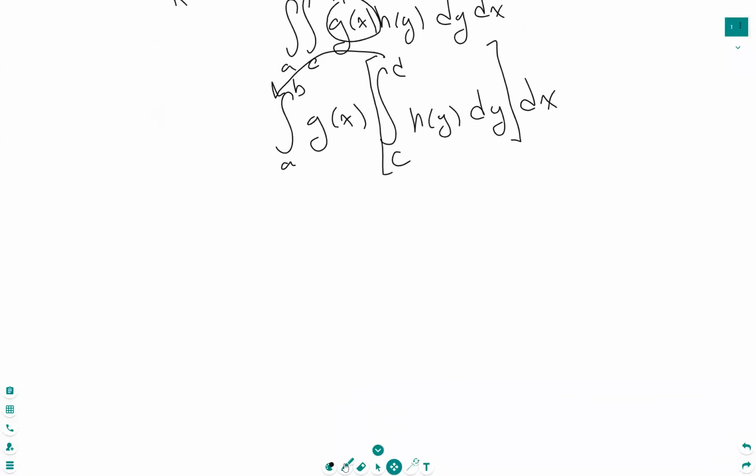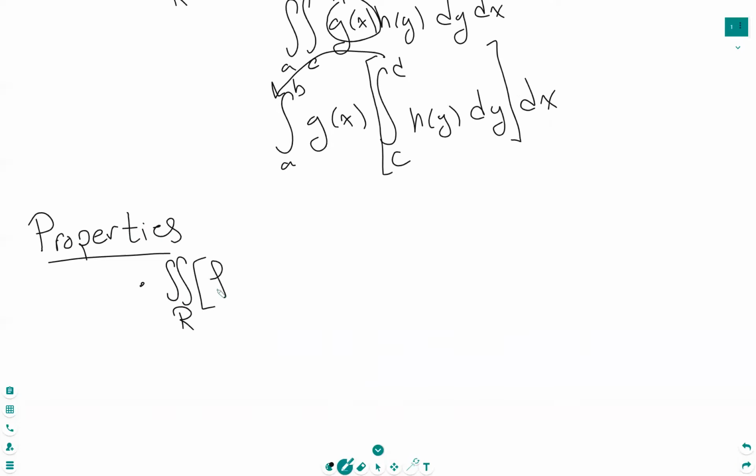Okay, so let's go over just two properties, and then we'll talk about general regions. So properties. If I have this double integral over R, and I have functions f plus g, integration is a linear operator.